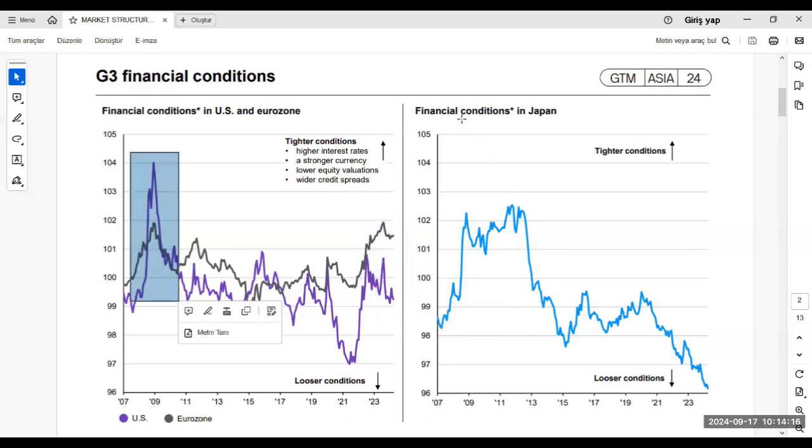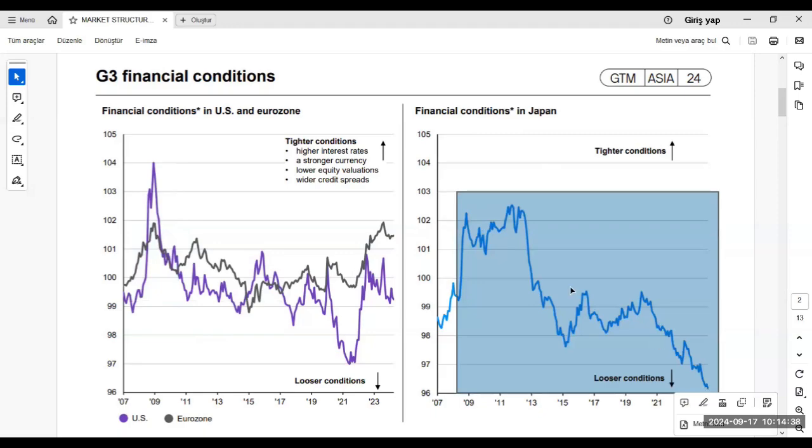Okay, the basic logic is like this. And here, what is happening in another part of the world, another continent, the Japan example. This is really important for us because the turmoil in the financial market in August started with the triggering point in the Japan financial condition. Please look at this.